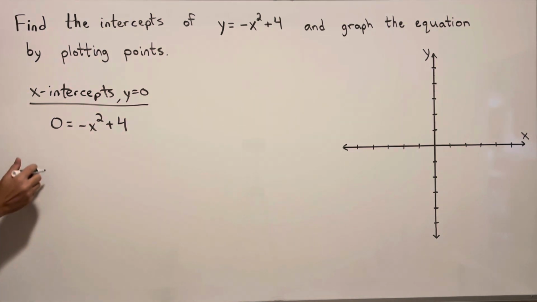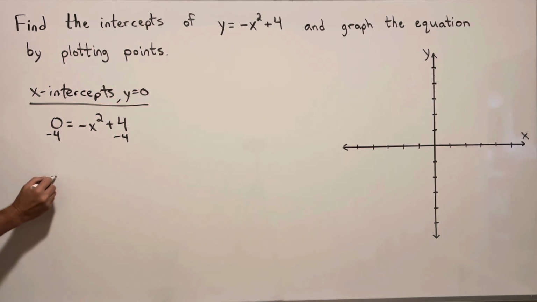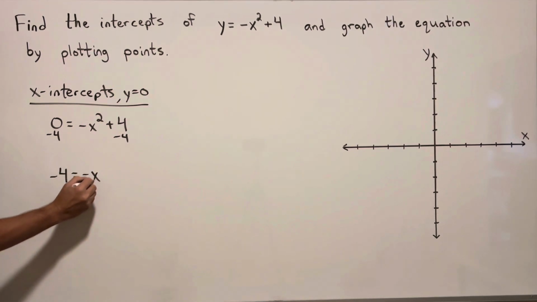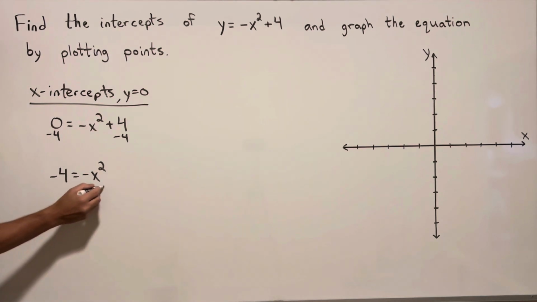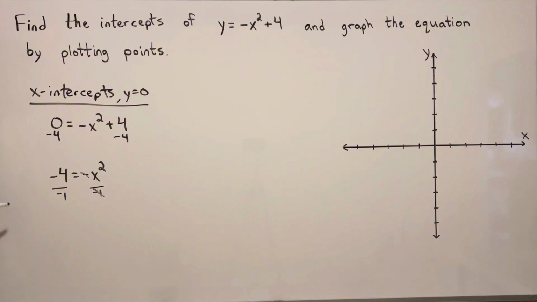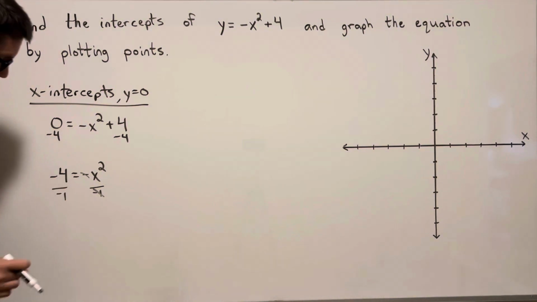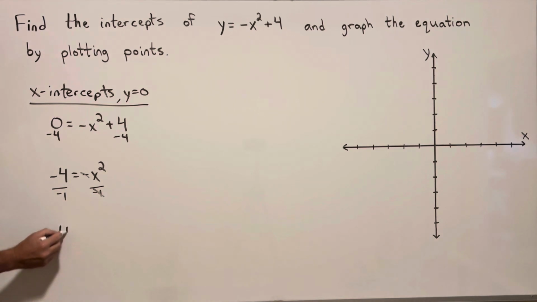We're going to subtract 4 on both sides. We'll get negative 4 equals negative x squared. You can divide both sides by negative 1. That'll get rid of that negative on the right hand side. Negative 4 divided by negative 1 is positive 4.